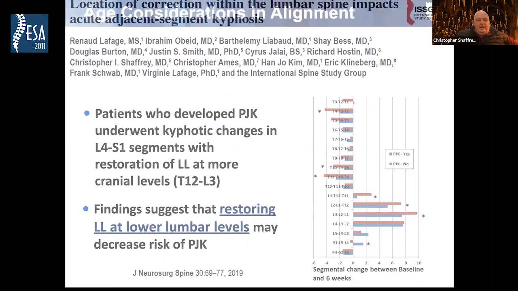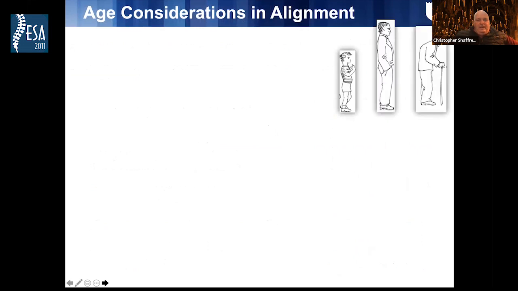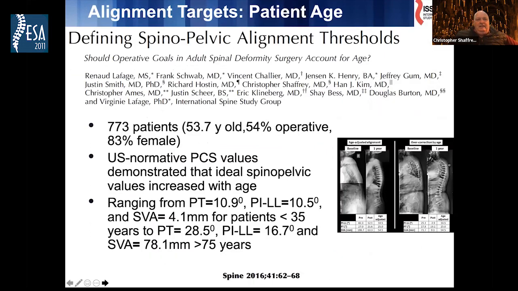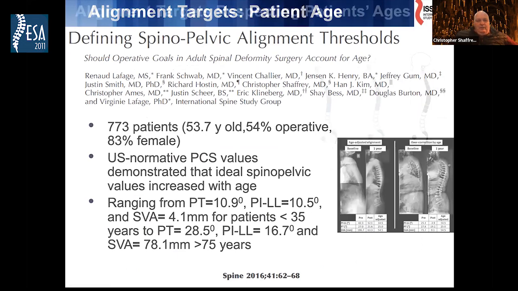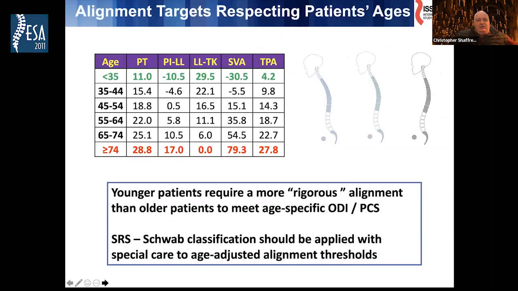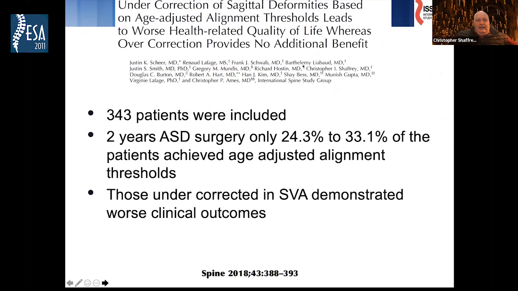So what we found was that undercorrection on age-adjusted alignment thresholds can lead to worse quality of life, whereas overcorrection gives absolutely no additional benefit and has the consequence of having much higher complication rates. So it's important that you look at the morphology and you look at the age-adjusted criteria to decide upon what has the best results.